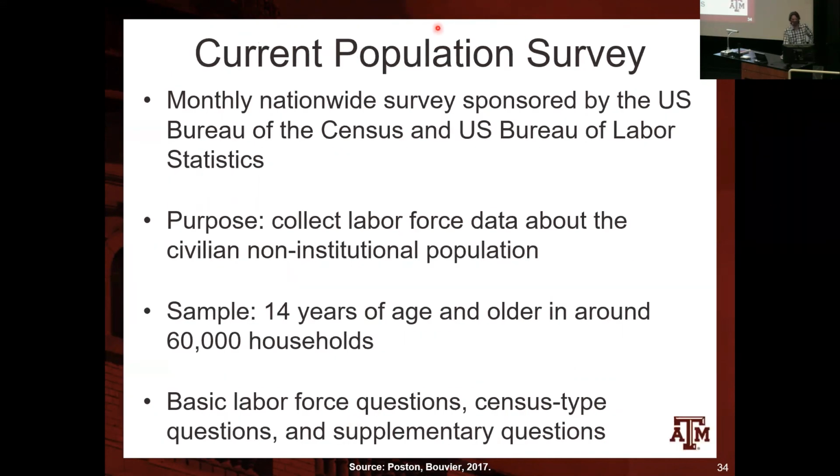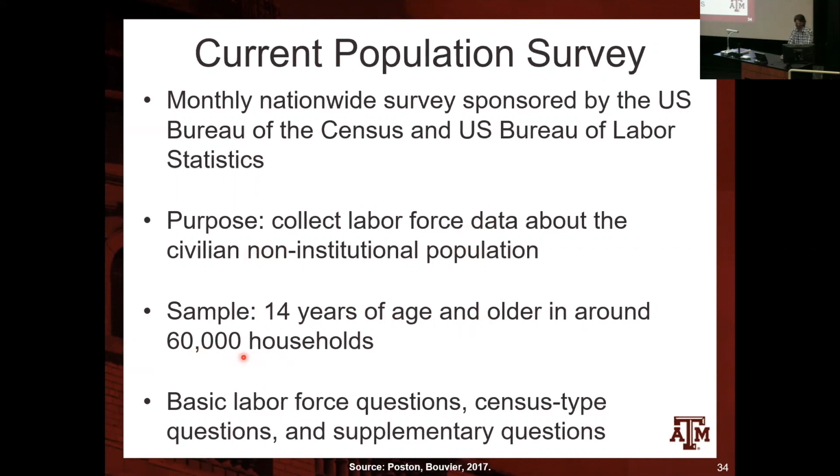The Current Population Survey, as I mentioned, is a monthly survey and is sponsored by both the Census Bureau and also by the Bureau of Labor Statistics. And it focuses more on information on the labor force, so more on the labor market, about the civilian non-institutional population. The sample is people 14 years of age and older in around 60,000 households.